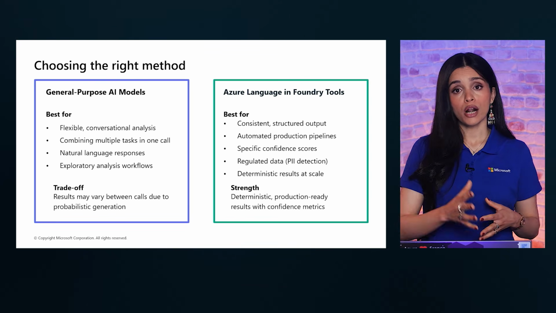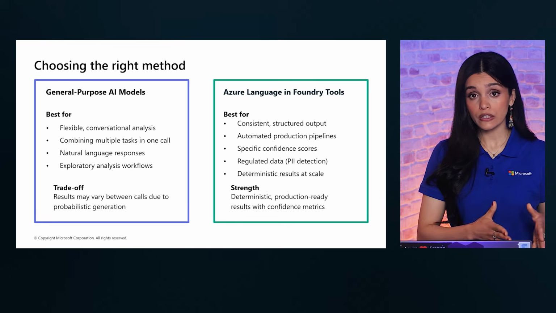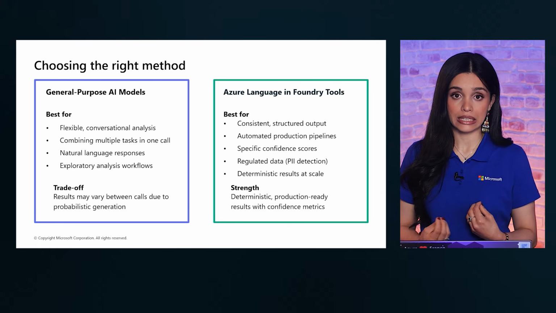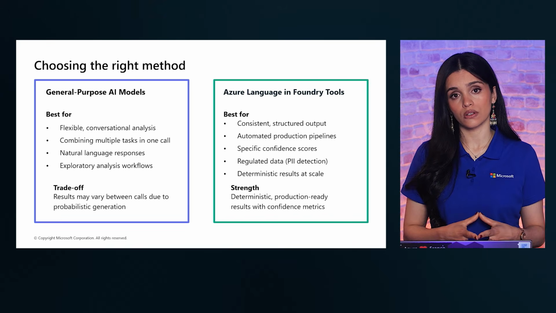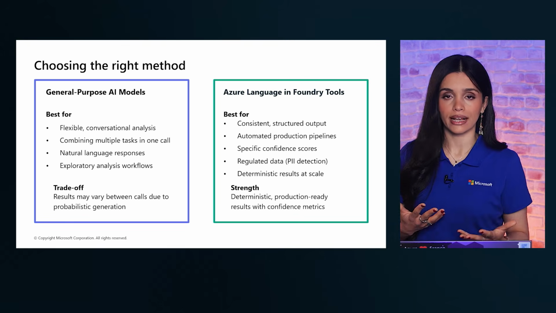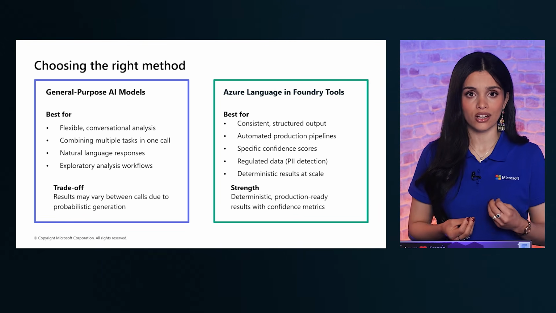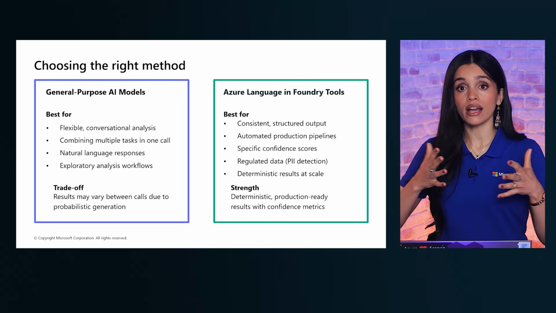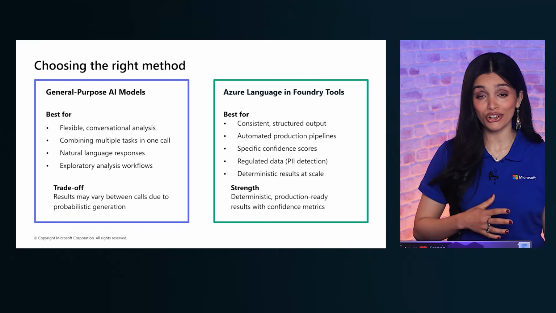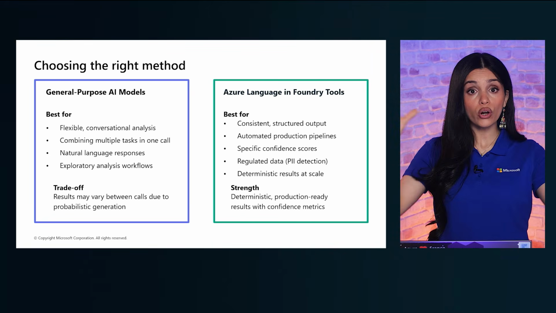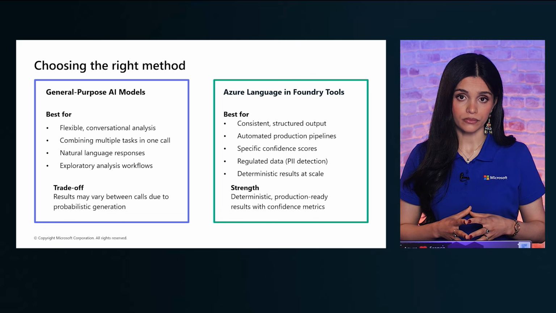Let's start with general-purpose AI models. You use these models when you need flexible conversational analysis and natural language responses. They shine when you want to explore text, combine multiple tasks, or interact with humans. You can ask one model to summarize a document, detect sentiment, identify entities, and explain the main idea all in a single conversation.